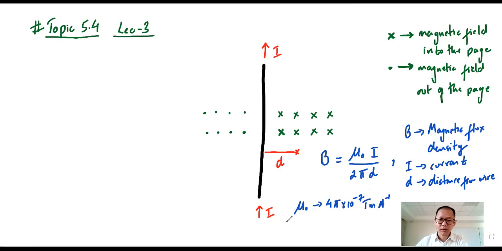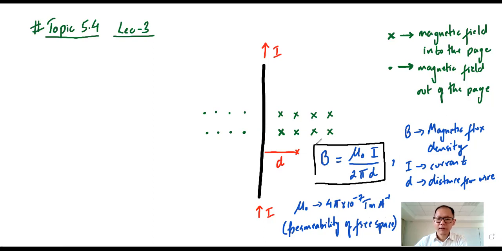Okay, and this is basically called the permeability of free space. So this is the formula that basically helps us to find the magnetic flux density from the wire. Now the derivation of this formula is not required by the IB, so it's enough to remember the formula.